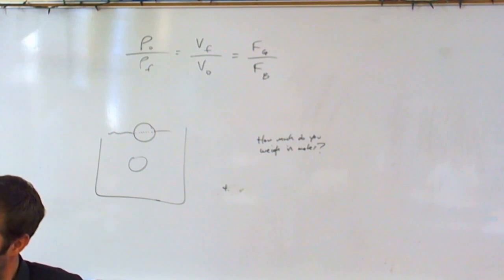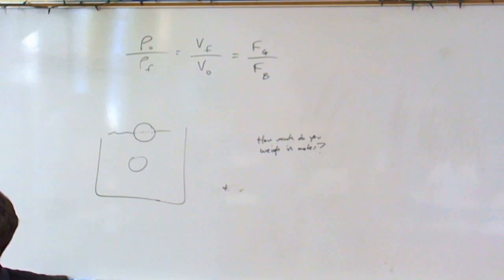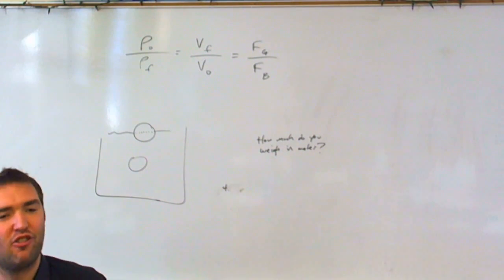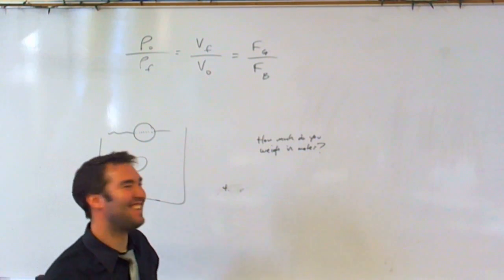Count kilograms here. 4.448. 1 pound is 4.448. I found it first.